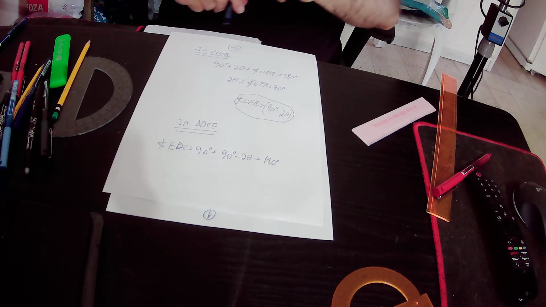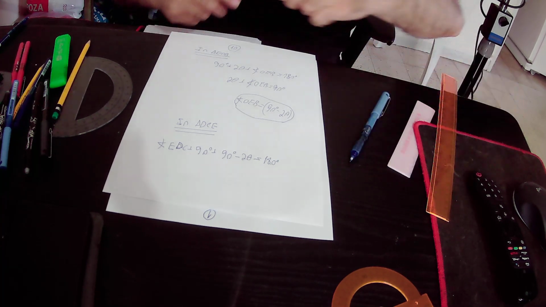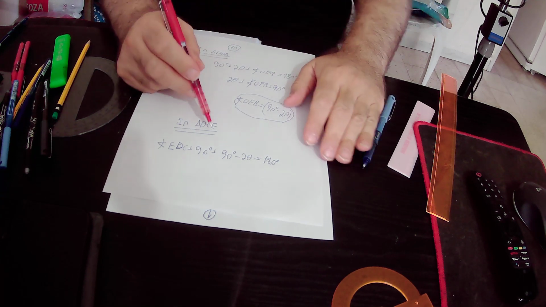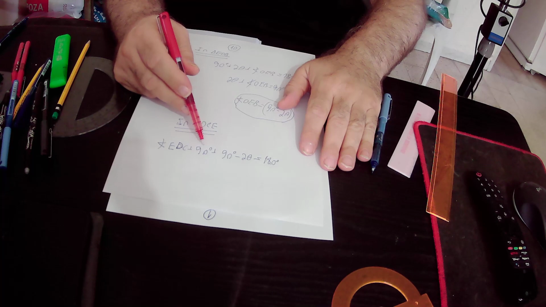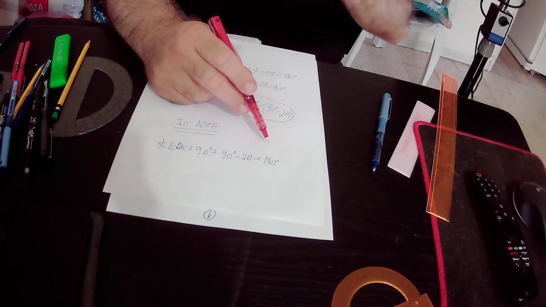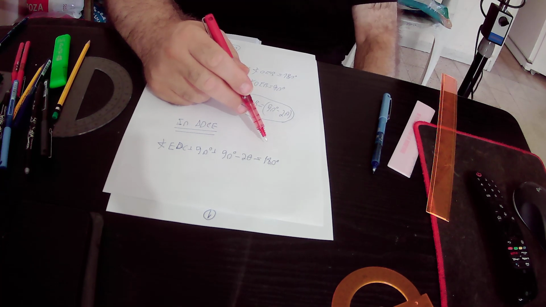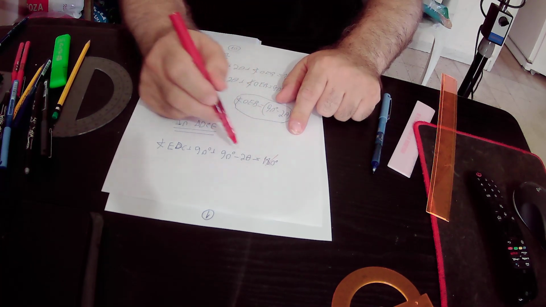So here we have 90 degrees plus 90 degrees is 180 degrees. Here we have 180 degrees on this side of the equality, and we have 180 degrees on the other side of the equality. So 180 degrees will get cancelled.